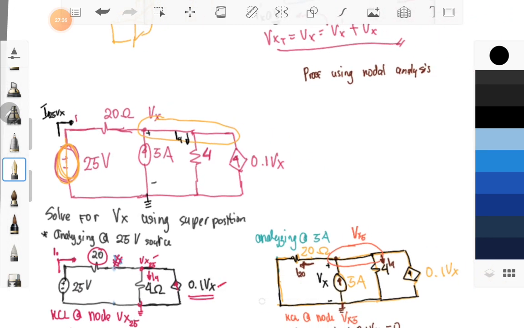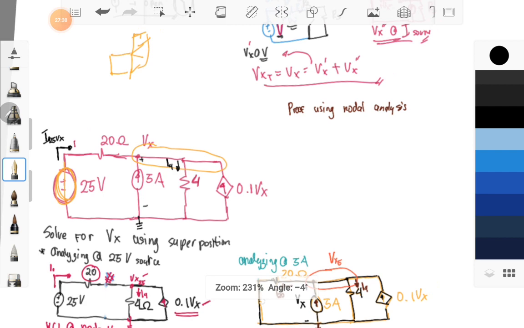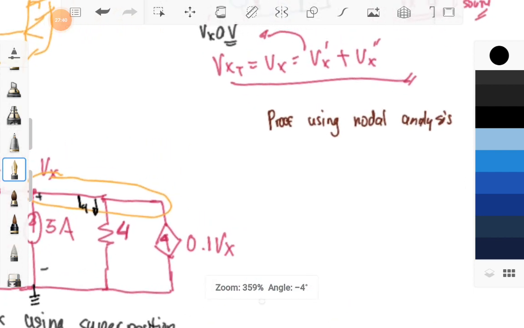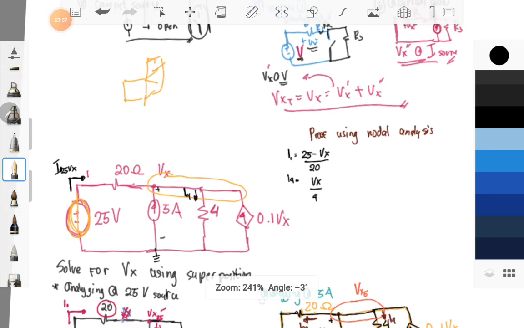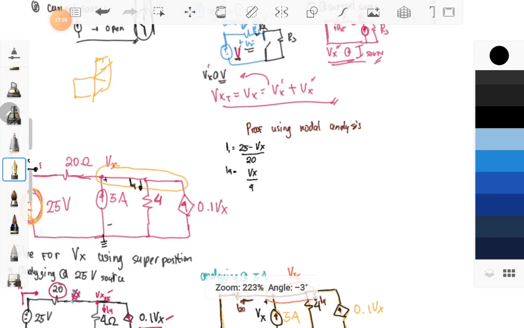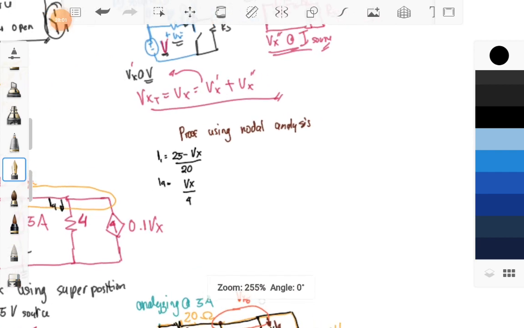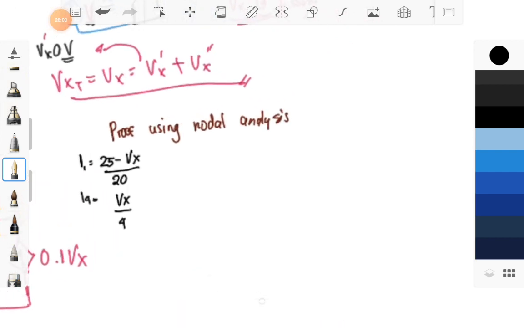Okay, so proof using nodal analysis, we have our I1, which is equal to 25 minus Vx all over 20. Our I4 is equal to Vx over 4. So we have KCL at node Vx.